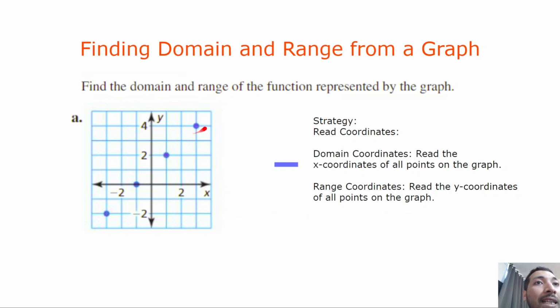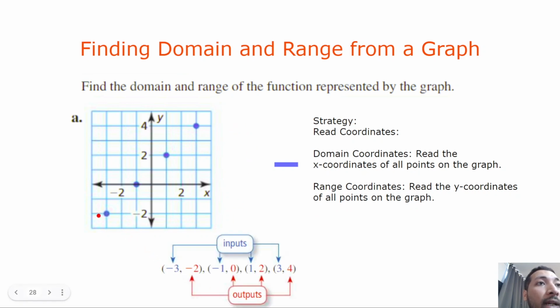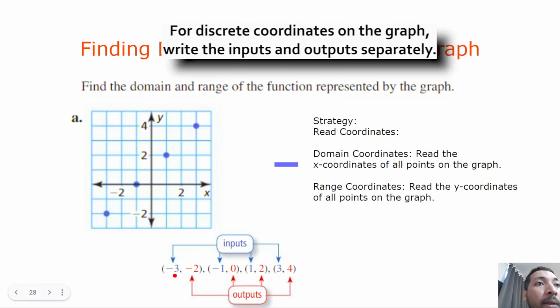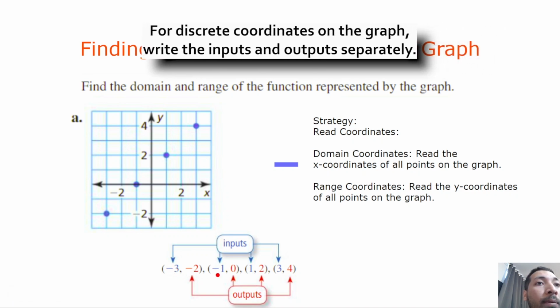So first, let's read each of these coordinates. Over here, we have -3, -2. Then we have -1, 0. And then we have 1, 2. And lastly, we have 3, 4. Now, the inputs are -3, -1, 1, and 3.